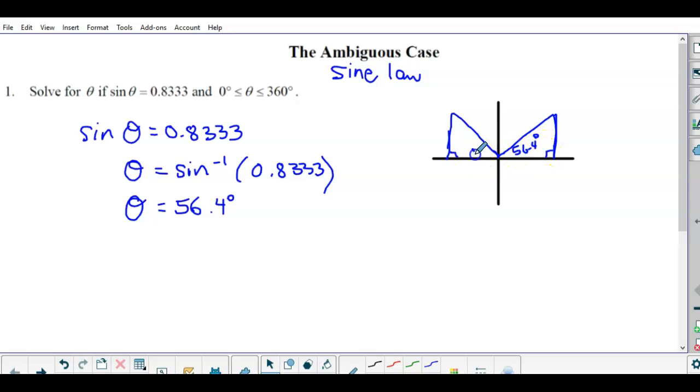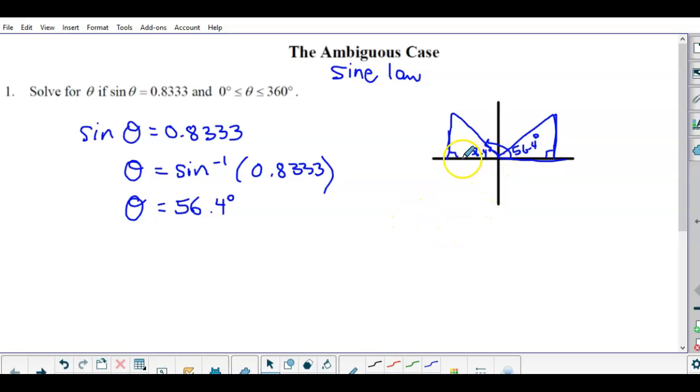So this angle in here is 56.4, but we consider the angle from the positive x-axis to this one to be an angle that gives you the same ratio. We call that a standard position angle, and you'll talk about that in a couple of days.